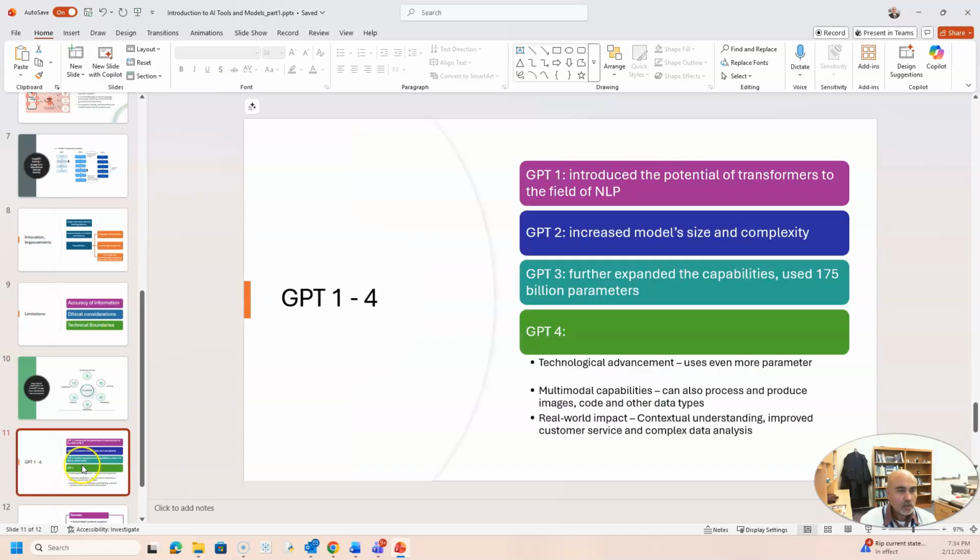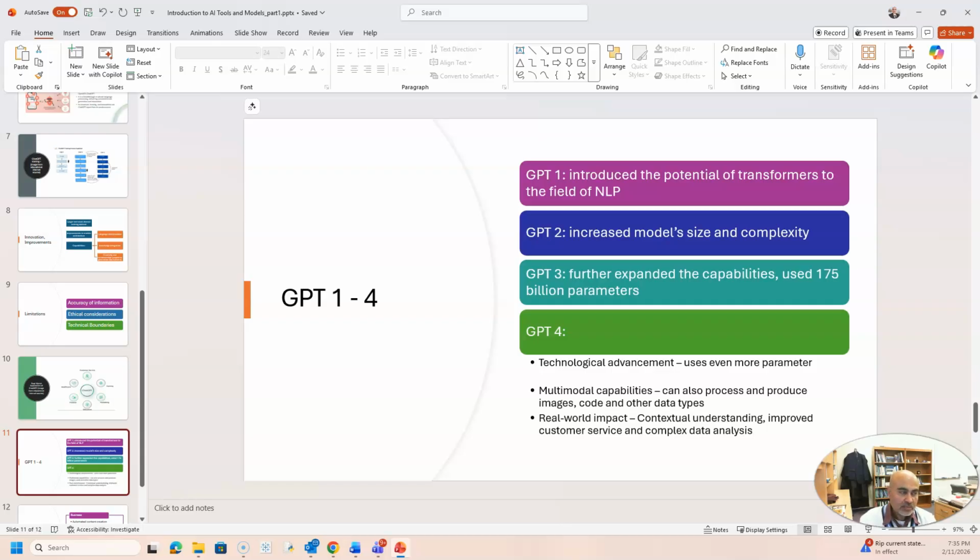Let's look a little bit into the evolution and history of ChatGPT. Even though there are other tools, ChatGPT really stands out because it was one of the early ones that came into the market and had a big effect on how we are starting to use AI applications in the real world.